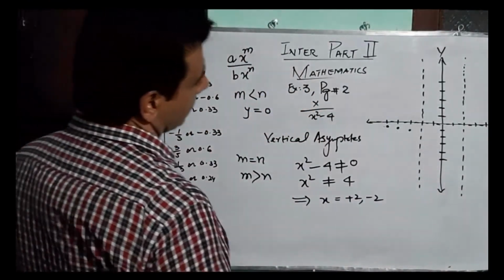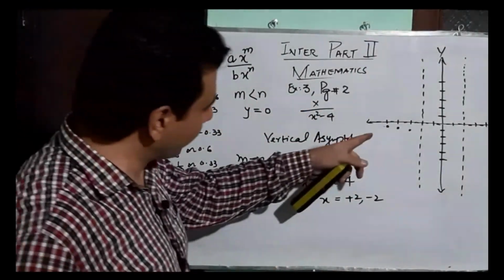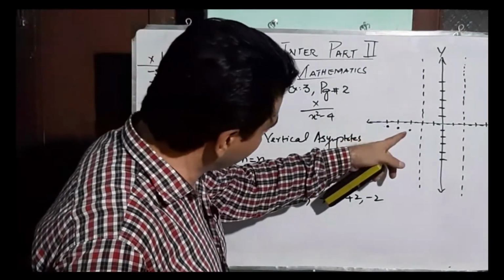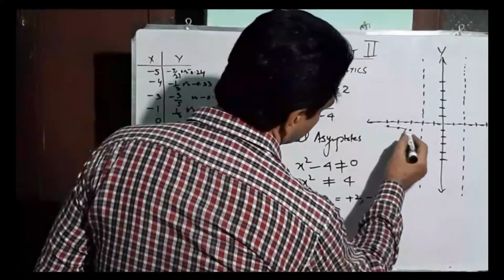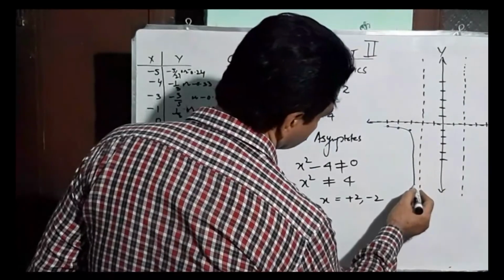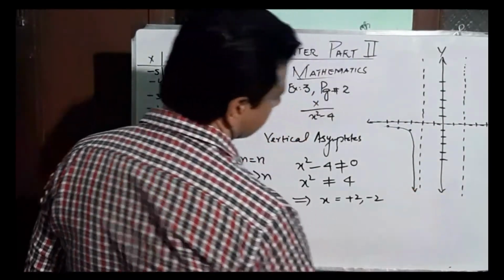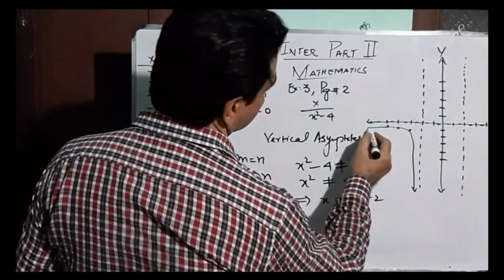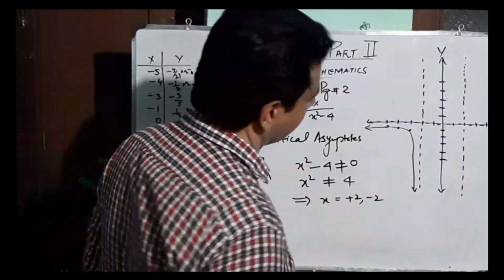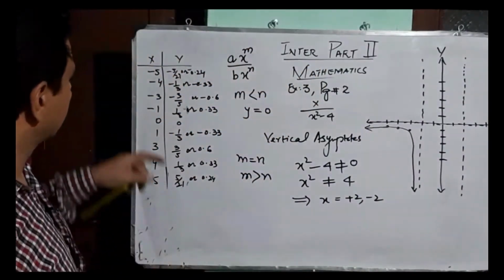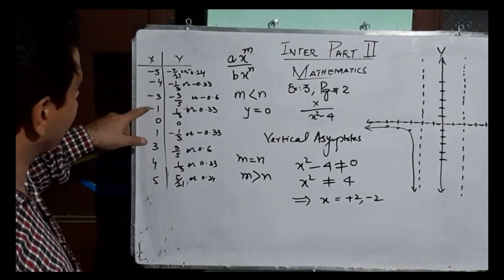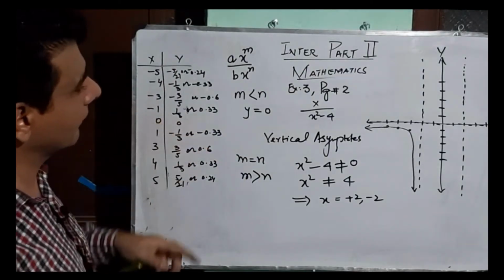Okay, so you can see the pattern here. It is increasing. The curve is going down here, and it will go to -infinity. Now we have drawn the three values. Now for -1, 0.33.